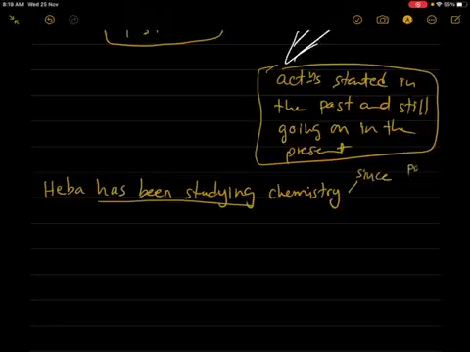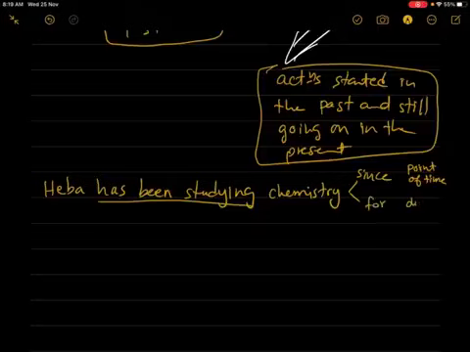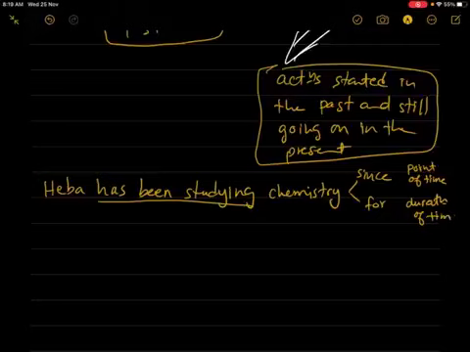That's why we use either since to specify the point of time, or we use for and we bring duration of time.